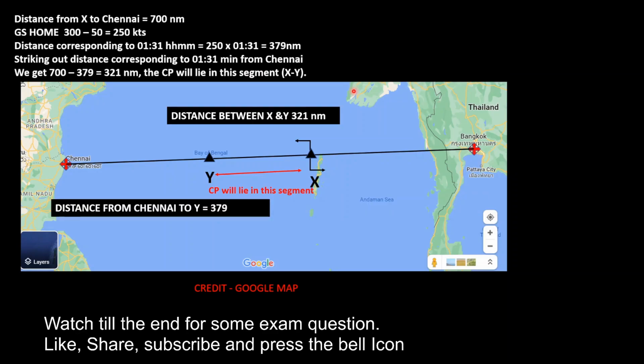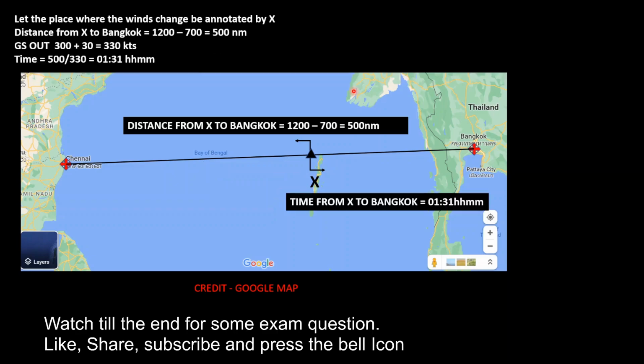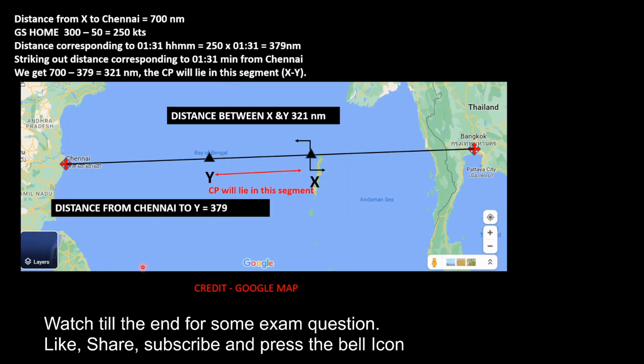Now, we will strike out a distance corresponding to 1 hour 31 minutes from a point en route in order to come back to Chennai in case of an engine failure, and let that point be annotated as Yankee or Y.